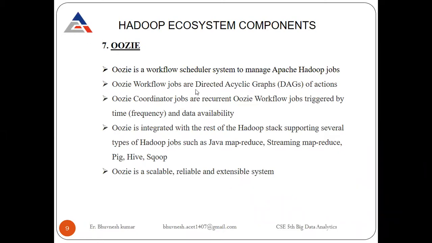Oozie workflow jobs are directed acyclic graphs. It will work as a directed acyclic graph. Oozie coordinator jobs are recurrent Oozie workflow jobs triggered by time. There is proper scheduling. If there is job scheduling, time should be maintained.